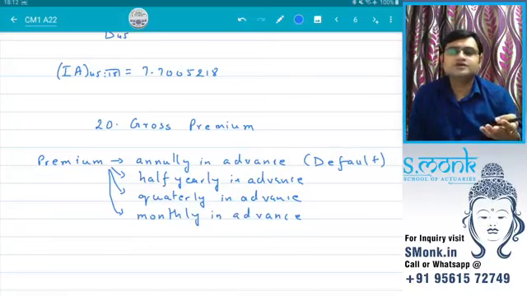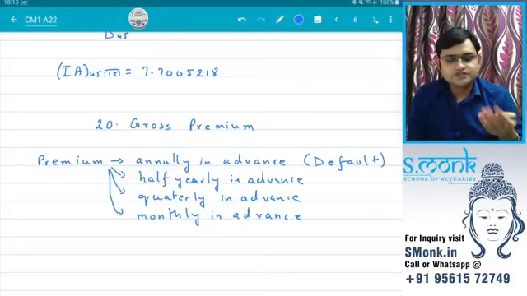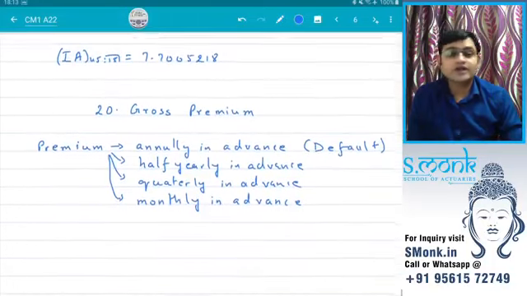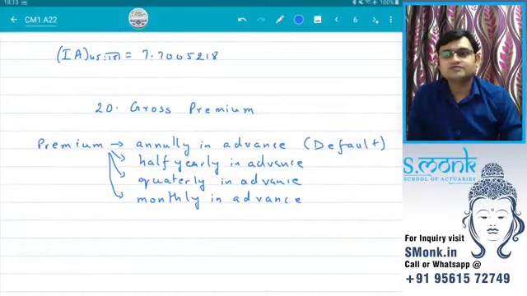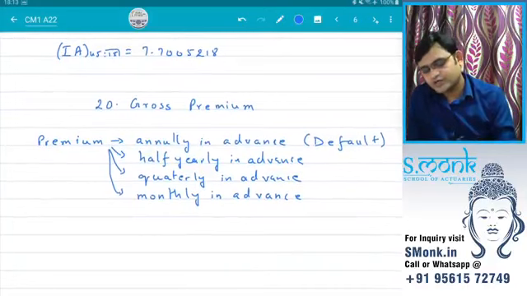So premium is the company's income. Okay, for that premium the company is giving some benefits. The benefit is given to the customers or the policy holders. Okay, so we have calculated assurances and premiums, right? Annuities. Premium is usually in terms of annuity, but there can be 2 types of premium.